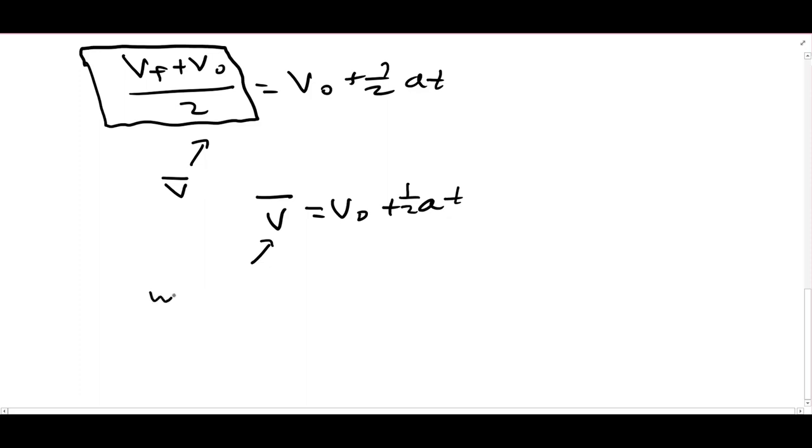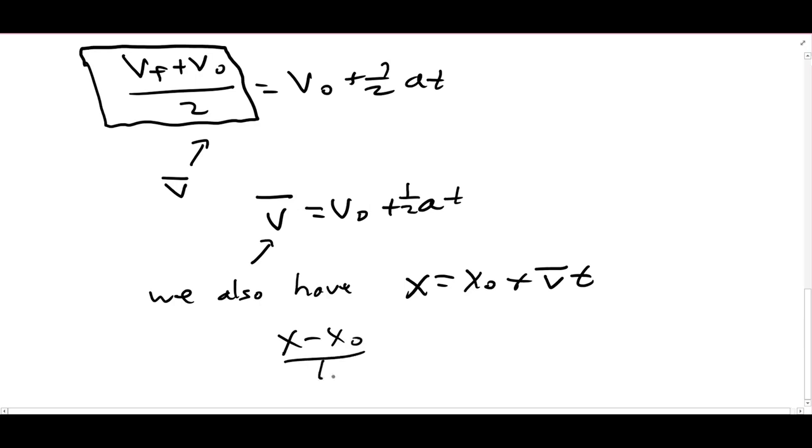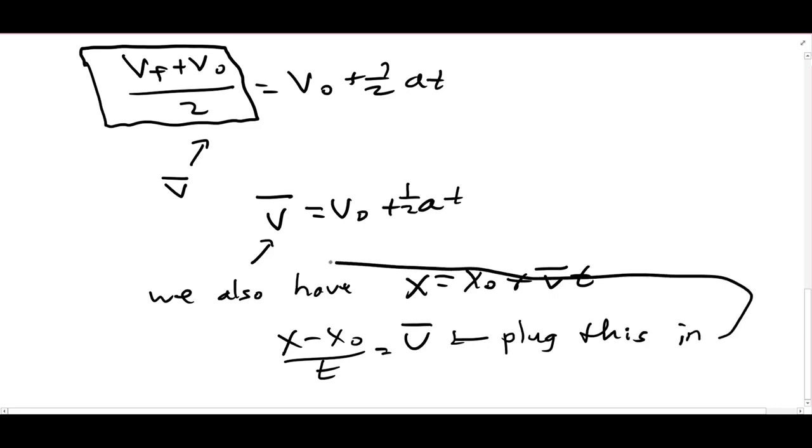Well, we also have x equals x naught plus v bar t. And we can go ahead and solve for that. x minus x initial over time equals v bar. So now what we can do is plug this in.